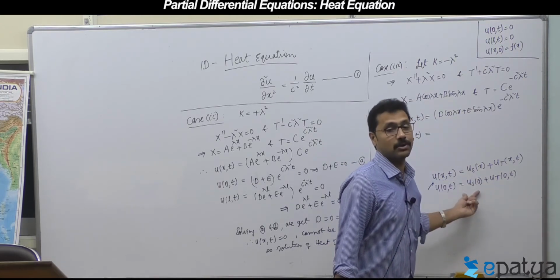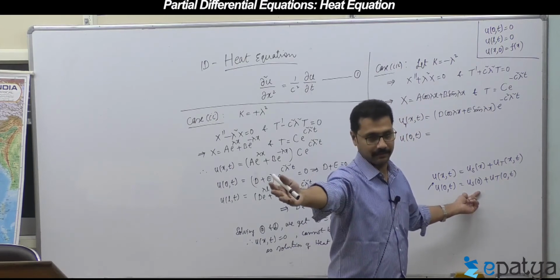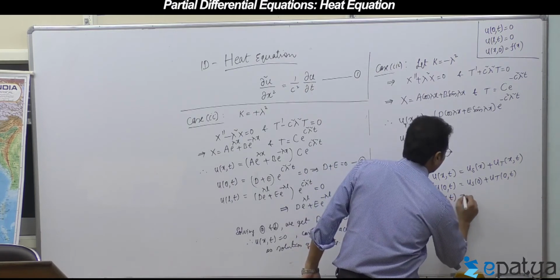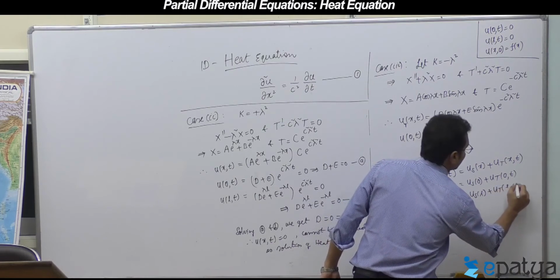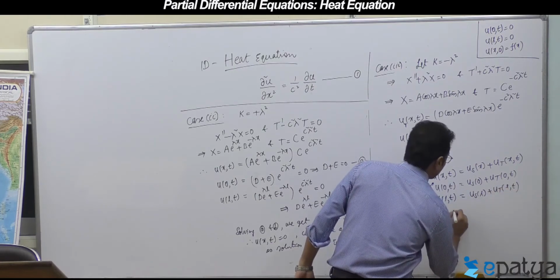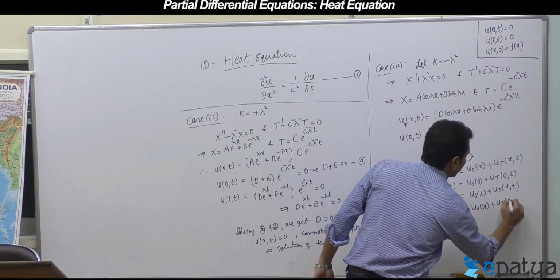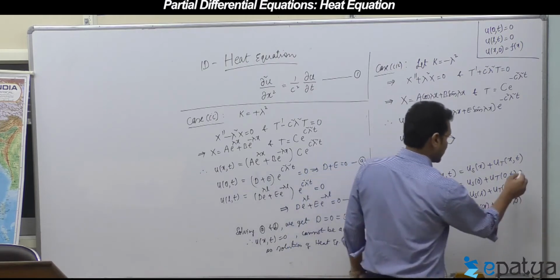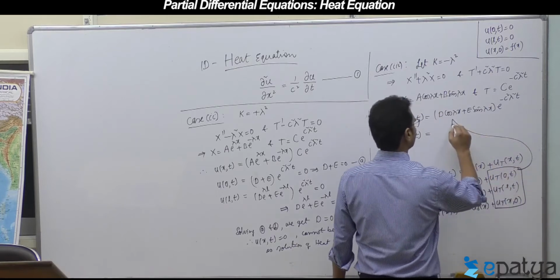How to get that, we will discuss later. Similarly, u of L comma t is nothing but us of L plus ut of L comma t. Similarly, u of x comma 0 is us of x plus ut of x comma 0. So these three expressions give ut conditions. What is ut? This is ut.